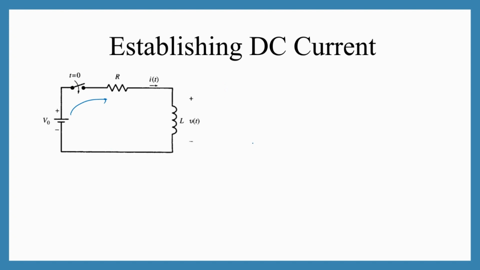The first component would be the homogeneous component and the second one would be the particular solution. Why do I say so? Let's form the KVL equation in this loop and find out why. When there is this current I of t flowing, R I of t plus L d I of t by dt is equal to V naught.